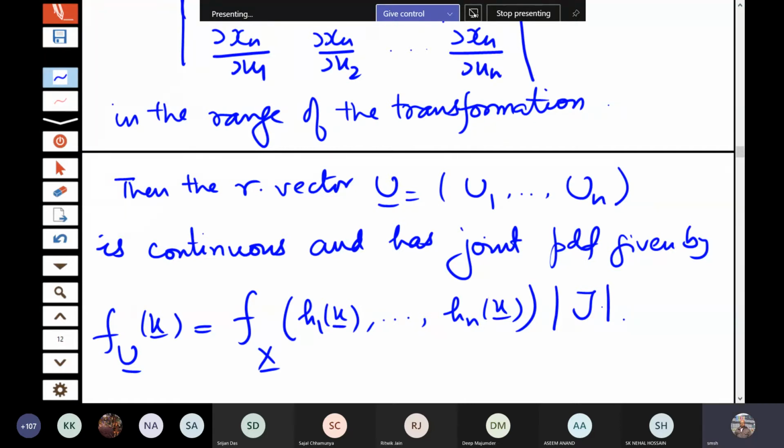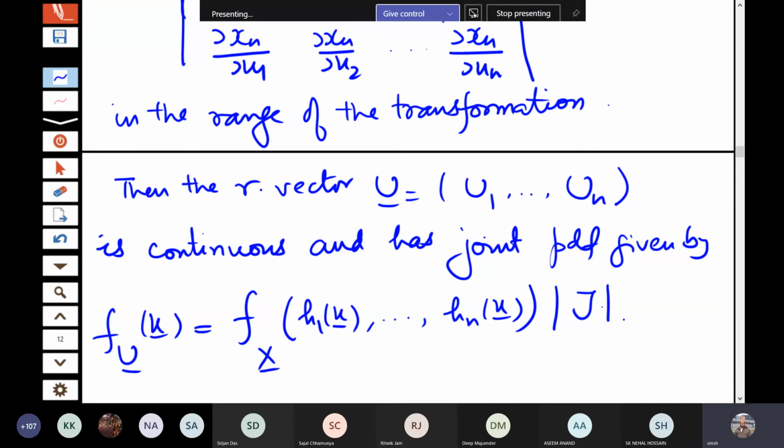If you compare it with the one-dimensional result, it is exactly the same, except that the determinant becomes a single term there, because there it was del x by del y. I had written it as del of g inverse y by del y. So it is exactly the same absolute value there. This is the result for the 1 to 1 function.